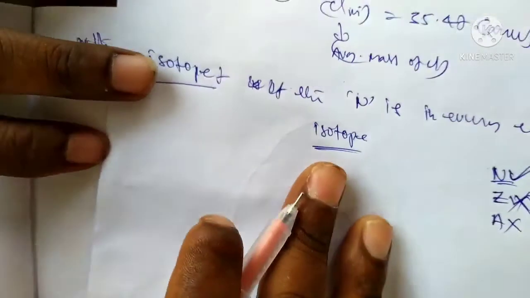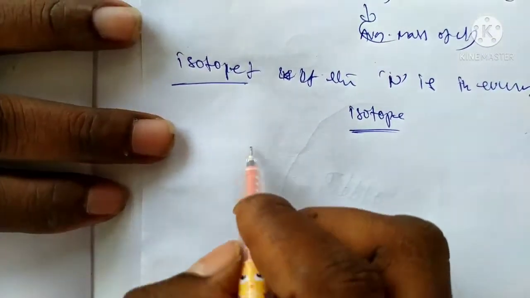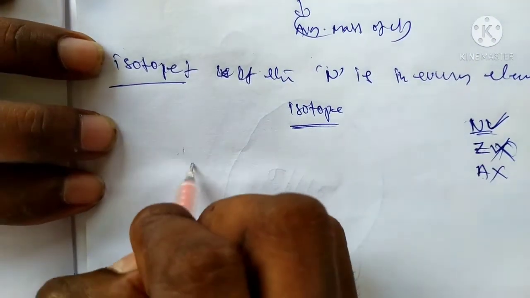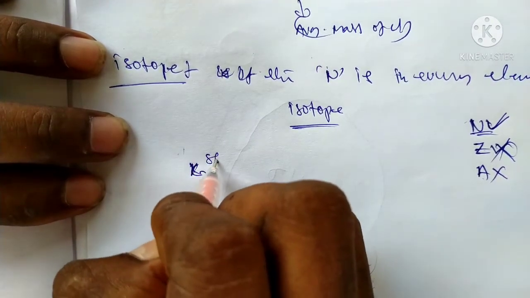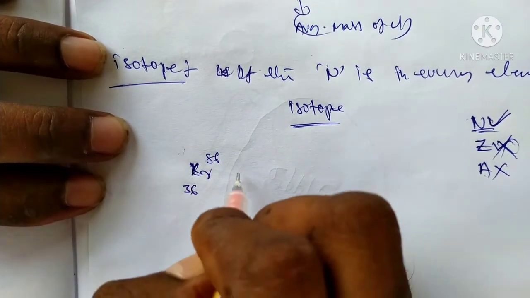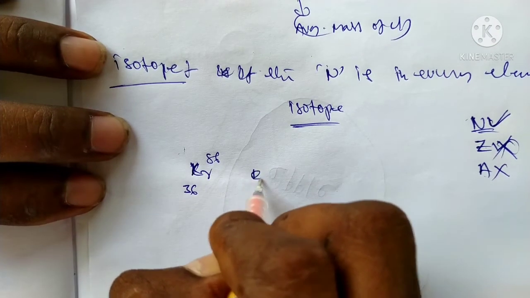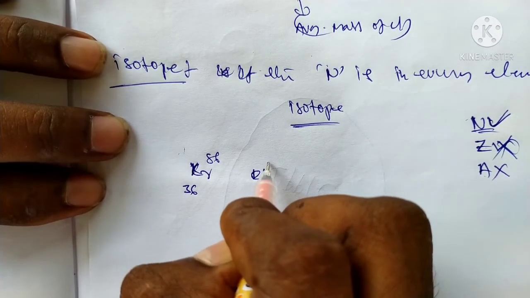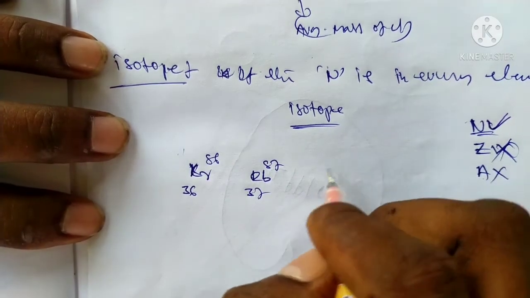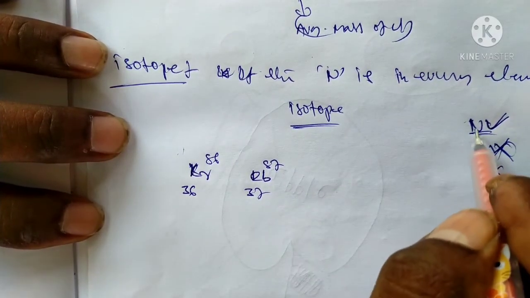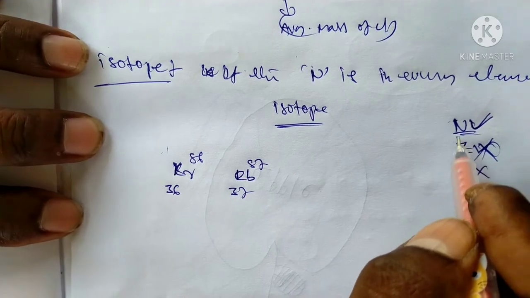The best example is Kr 86/36 and Rb 87/37. How do we calculate the neutron number?